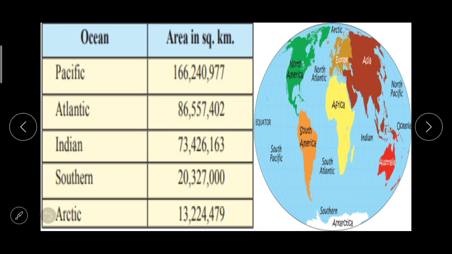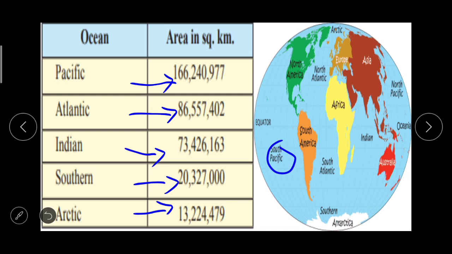The Pacific Ocean and its area, Atlantic Ocean, Indian Ocean, Southern Ocean and Arctic Ocean. Now you can find these here on the globe: South Pacific, South Atlantic, Indian Ocean, North Atlantic, Arctic and the Pacific.